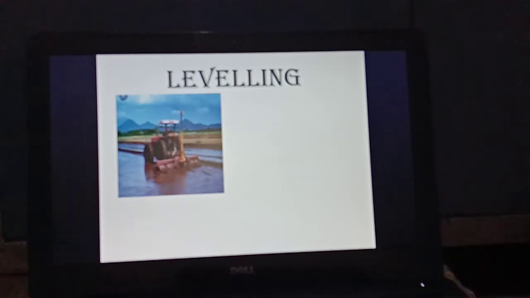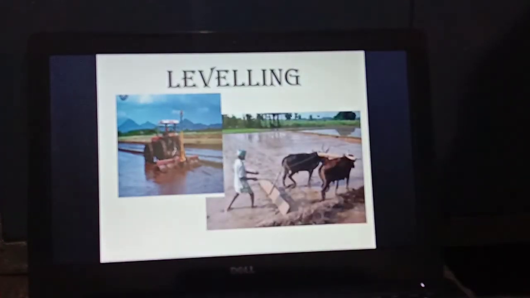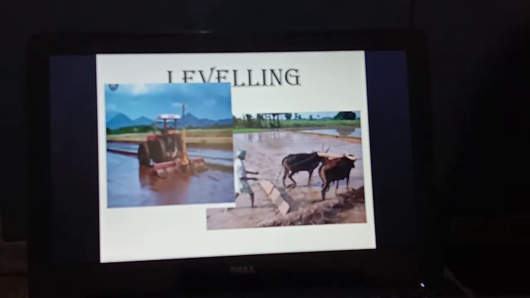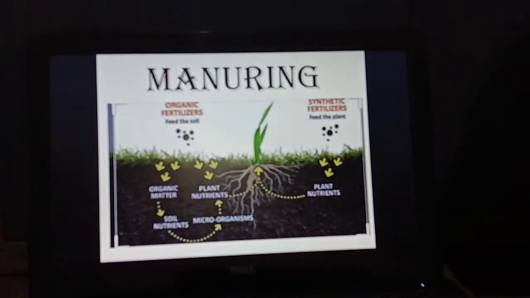Now we come to the next step, that is manuring. So what is manuring? Before sowing of seeds, manures or fertilizers are added to the soil to increase its fertility. Addition of manures makes the soil spongy and helps it to hold air and water.